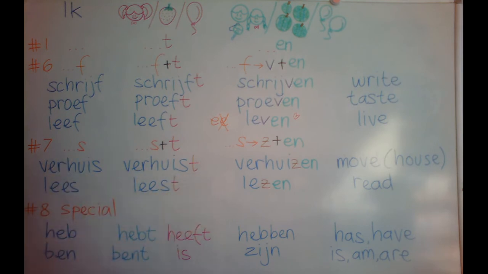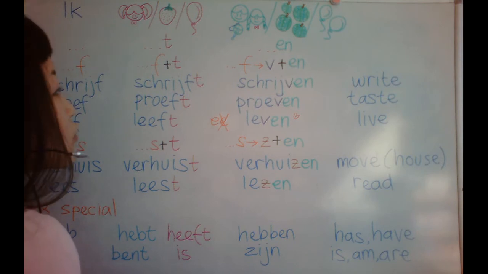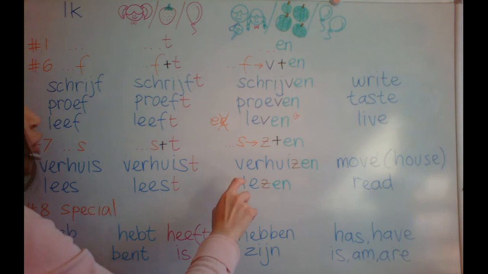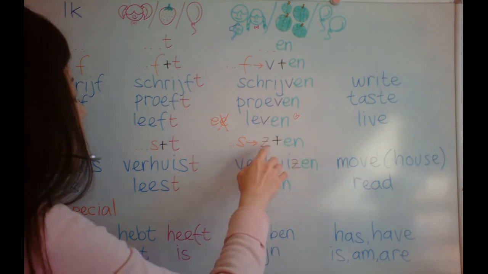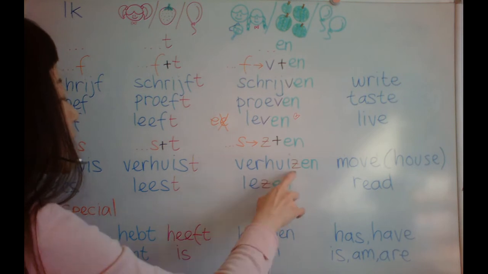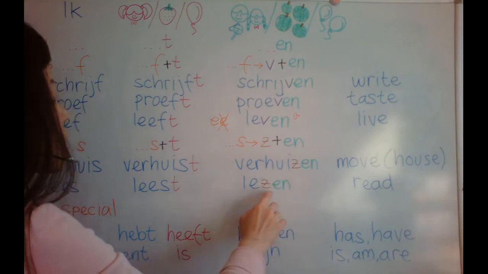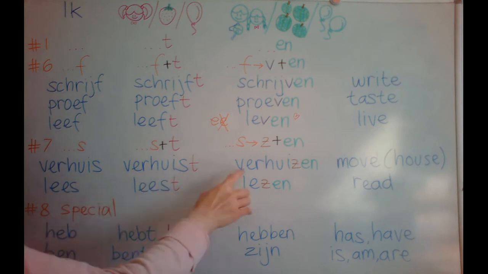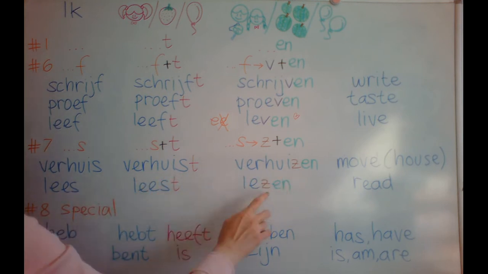But for subject that consists more than one or many, the S changes to Z. In Netherlands, Z, and then you put AN.